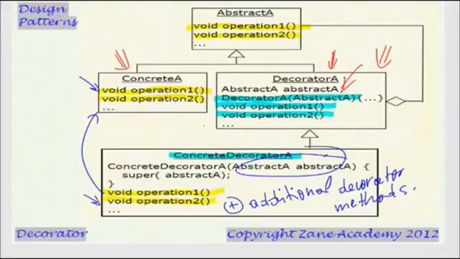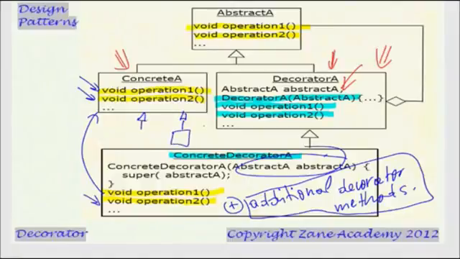If it's to operation 2, it's going to delegate it to operation 2 in concrete A. Any additional functionality that we wanted to add to concrete A, we would add to concrete decorator A, and this is in essence extending the functionality of concrete A by delegation instead of by inheritance. We are not going to do that, so we're going to extend it by delegation.